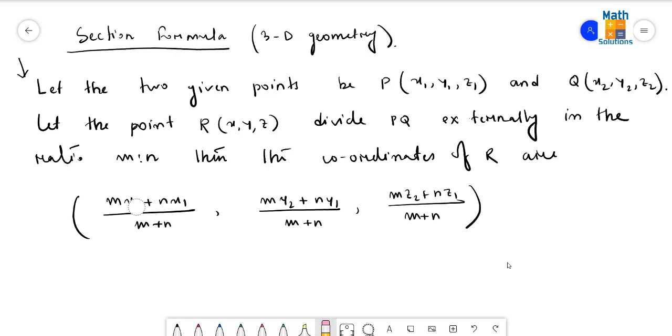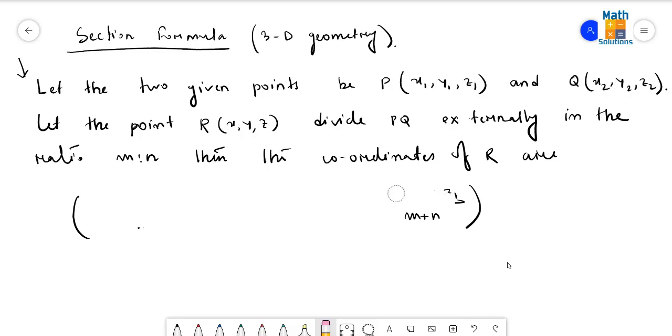The coordinates will take a different form: wherever there is a plus in these coordinates, we have to write minus. So that is a change to be observed.